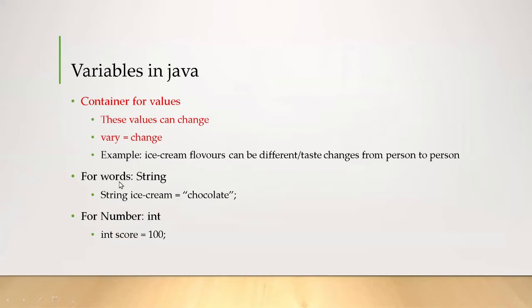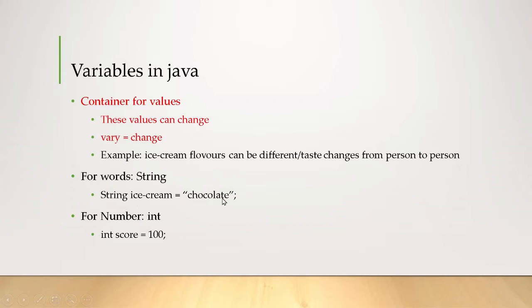So, for example, I can make it a string. String is a data type, which can take a variable name called iceCream, and its value currently is chocolate, and put a semicolon.